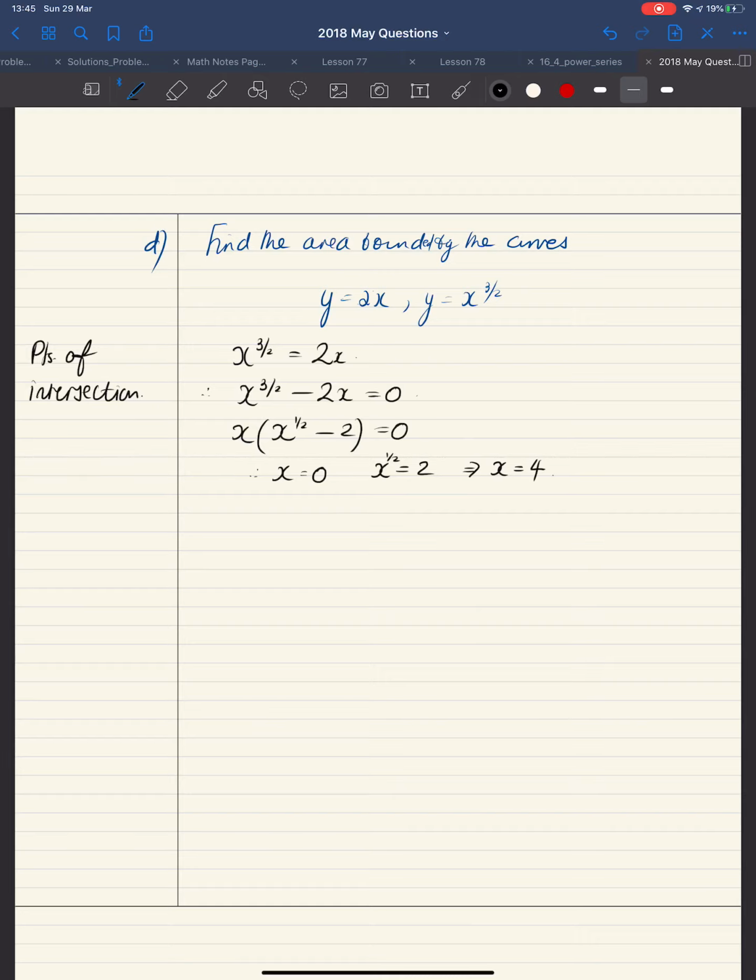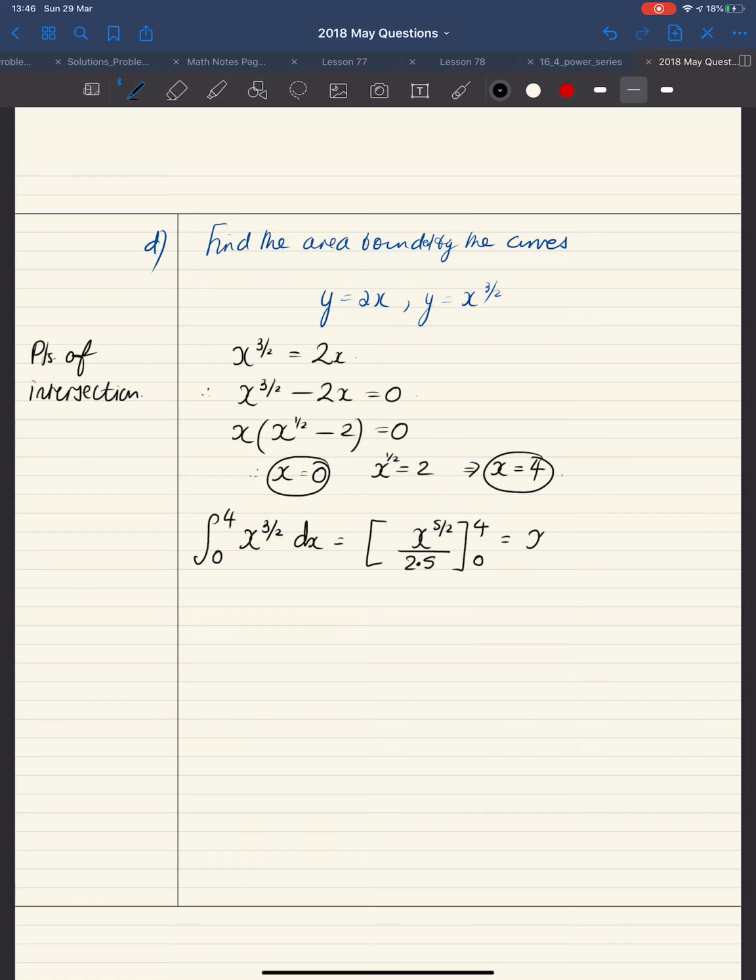So, if you remember, the integral gives us the area between the x-axis and the curve. And these are going to be our x-coordinates here. So we need the integral from 0 to 4 of x to the power 3 over 2 dx. So we add 1 to the power, divide by the new power, in 4 and 0.